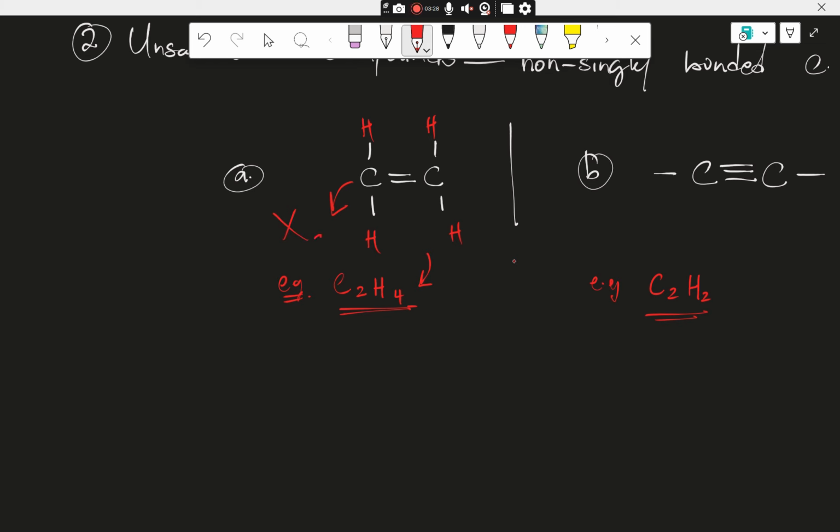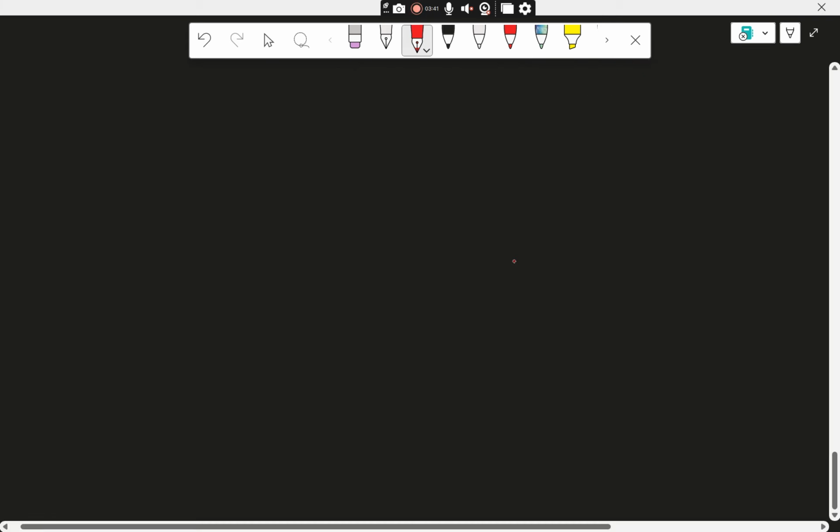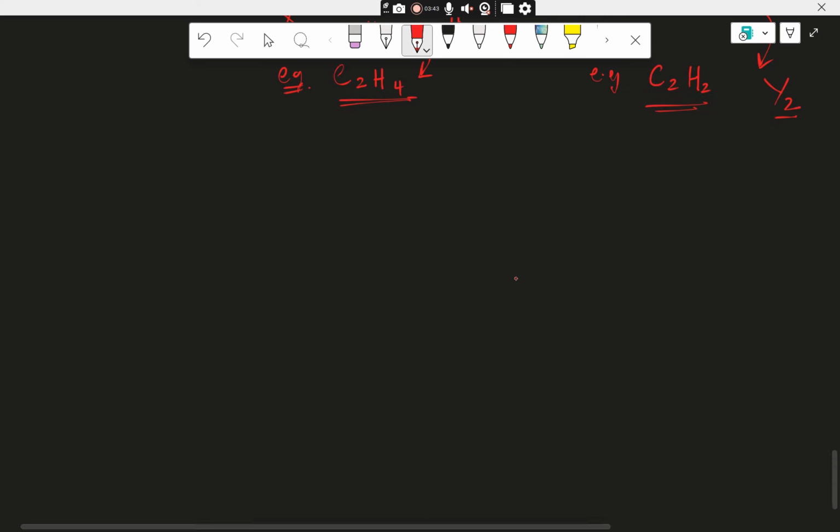Let's just say X2 because of those two carbons. And this one we can just call compound Y2 because it has triple bonds. We don't know their names, so how can we name them? Let's go to the nomenclature of hydrocarbons, naming our hydrocarbons.